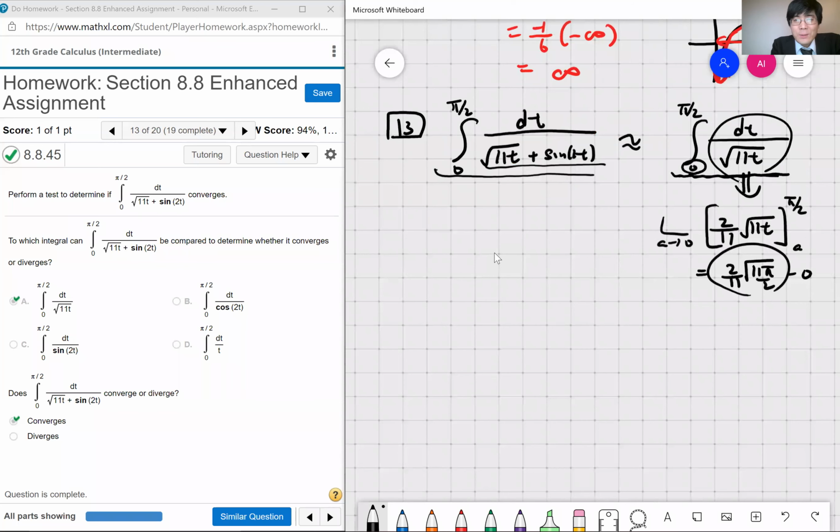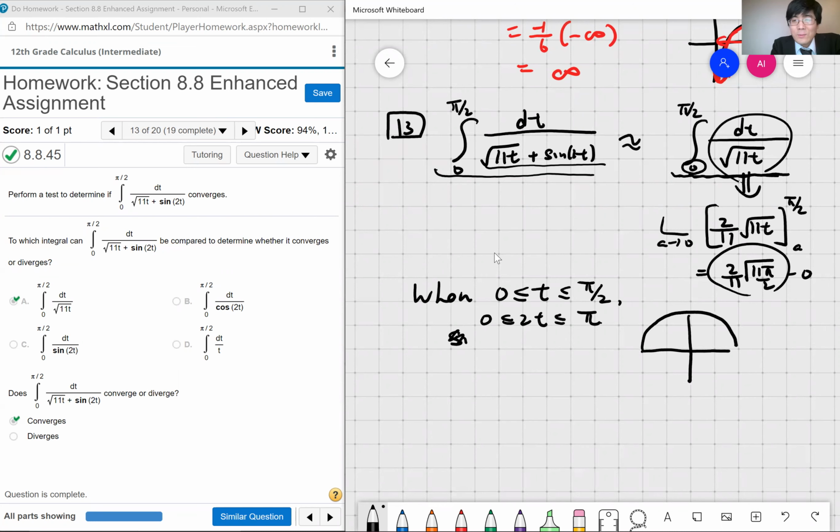So what we do: when t is between 0 through pi over 2, 2t is greater than 0 and less than pi. So the angle inside the sine function is between the first quadrant and the second quadrant.